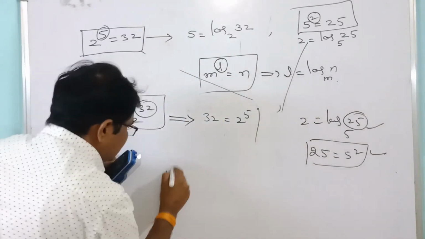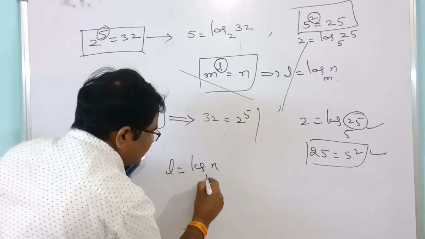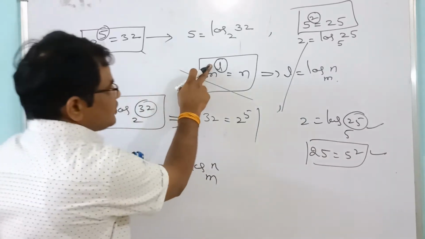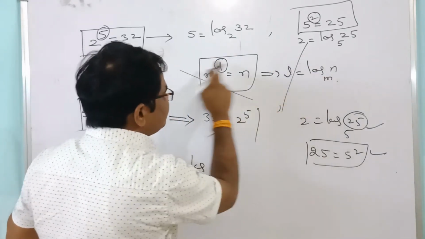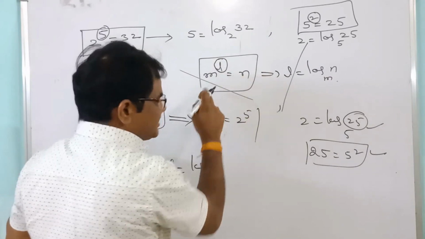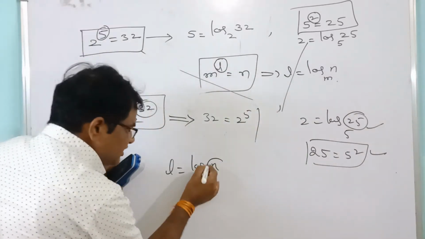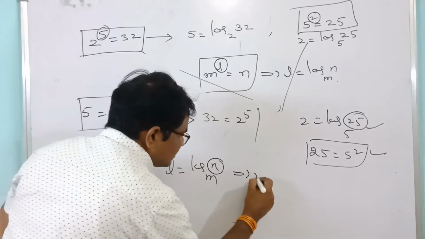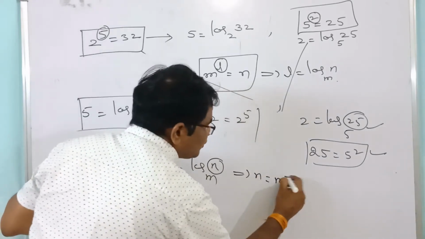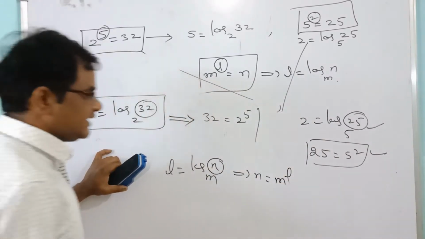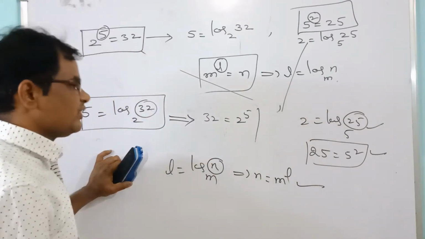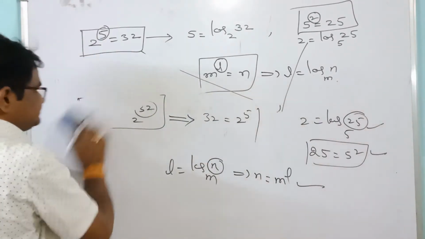Now suppose l equal to log n to the base m. So converting into exponential form, l equal to log of n to the base m. Suppose n equal to m to the power of l. Based on this one, we have to take the properties.